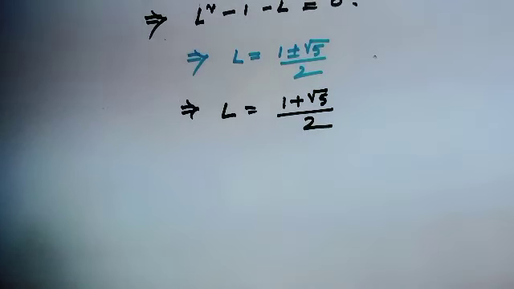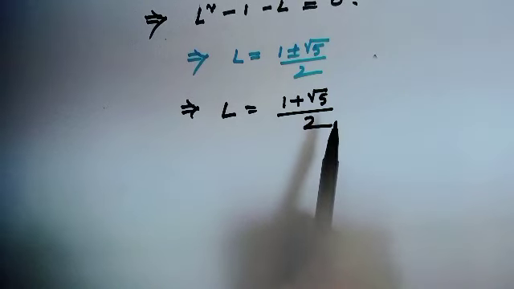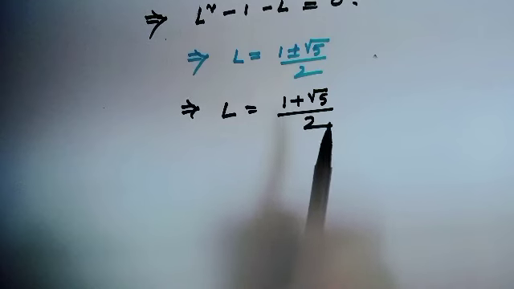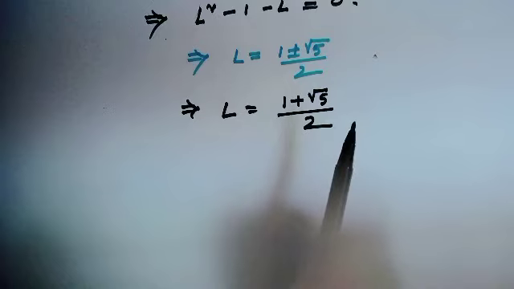Okay, alright. That means this is the limit of the sequence. We can use the epsilon-delta definition, but we can also prove convergence of a sequence by this monotone convergence theorem. Okay, all right.